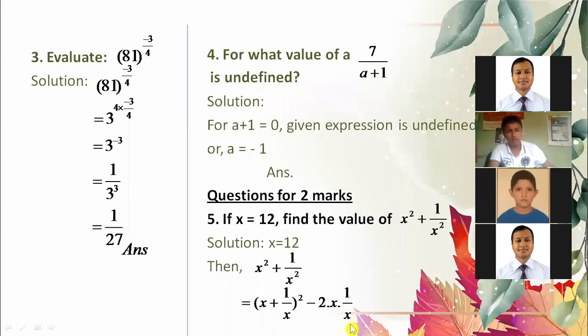After cancelling x and x, what is remaining here? 2 into 1, so minus 2. Okay. Is it clear? Yes, sir. So this 2 comes in the next step. Where we put 12 in place of x, here we also put 12.